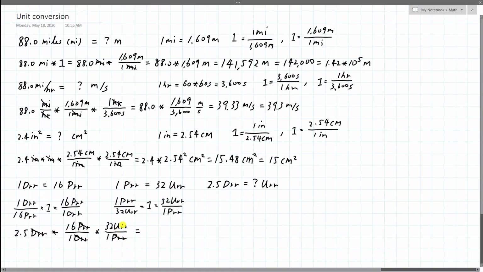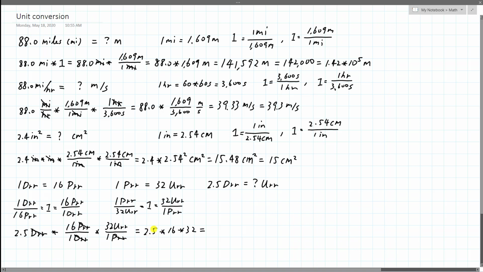So now I have what I was asked. How many? So I have 2.5 times 16 times 32. I think I tried to eyeball it when I was prepping for this question. I made a mistake, but this is not too hard. 16 times 16 is 256. Twice of that is 512. 2 times 512 is 1024.